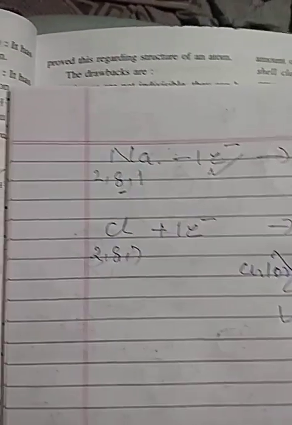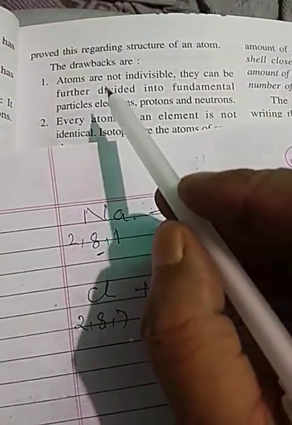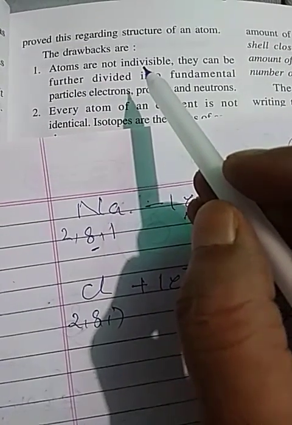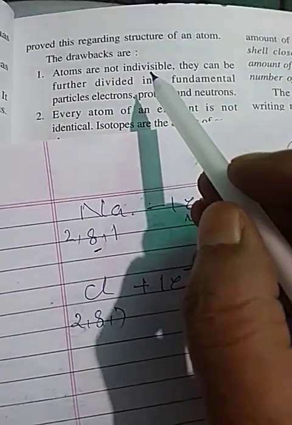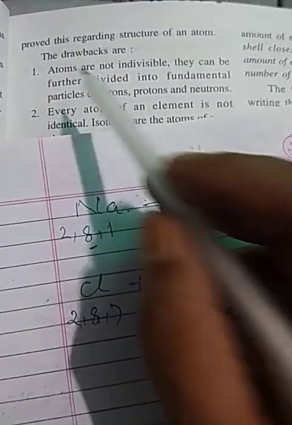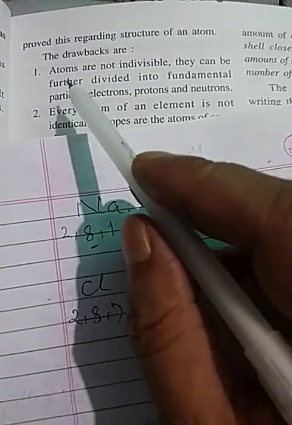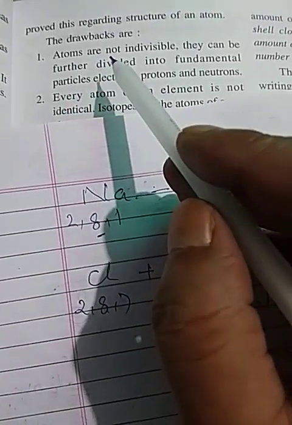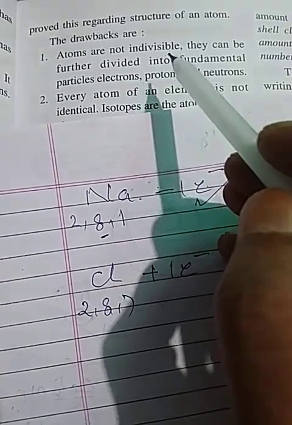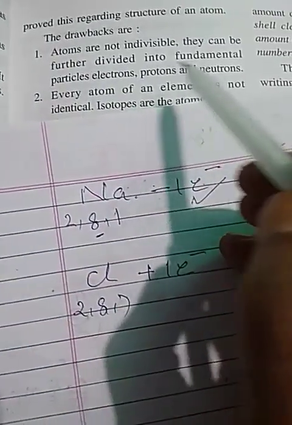So the question is here that atoms are indivisible according to Dalton, but modern concept says that atoms are not indivisible but they can be divided.